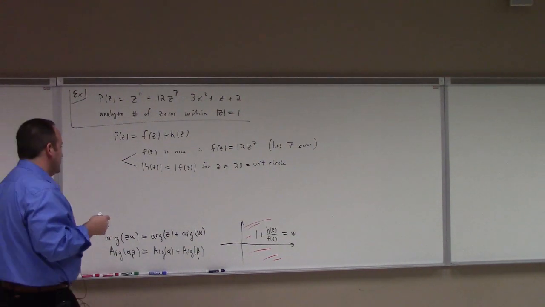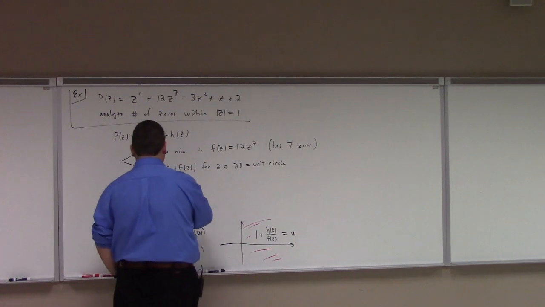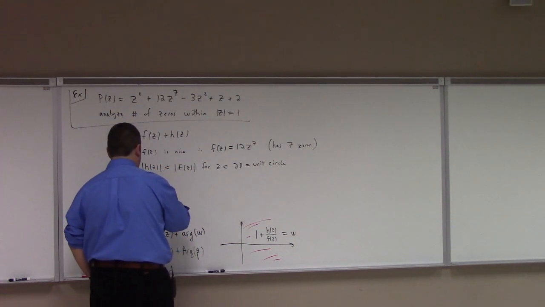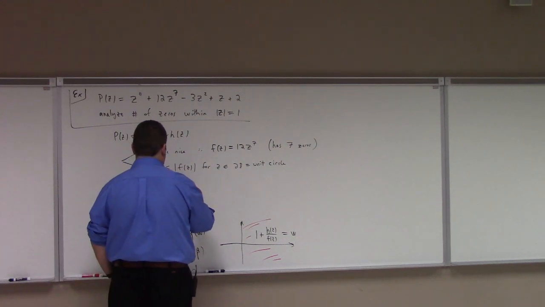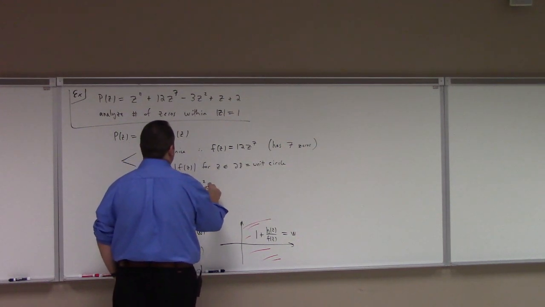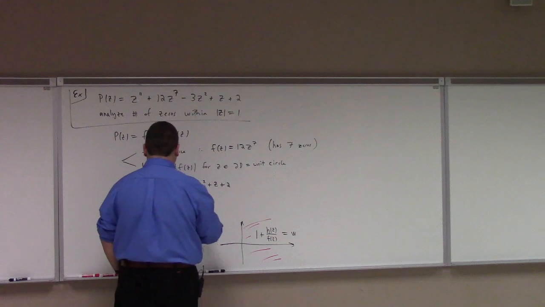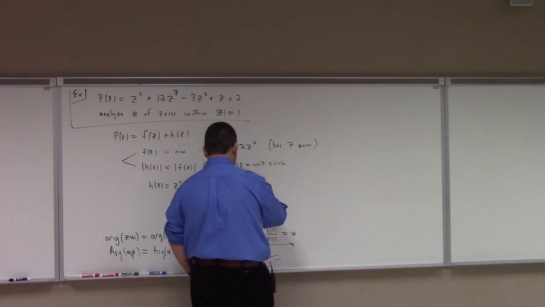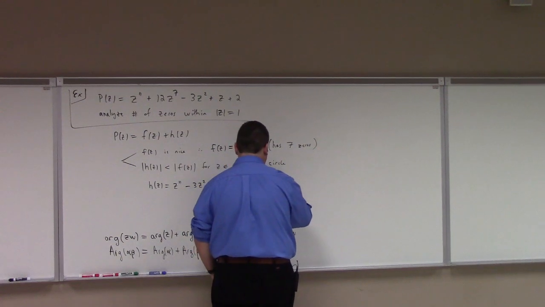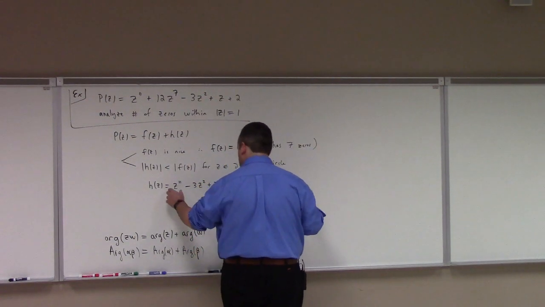And what's my H of Z? Everything else, right? Z to the 11th minus 3Z squared plus Z plus 2, right? The modulus of H of Z is less than or equal to what?